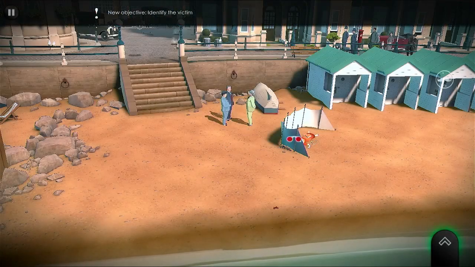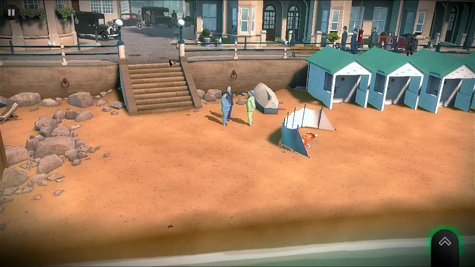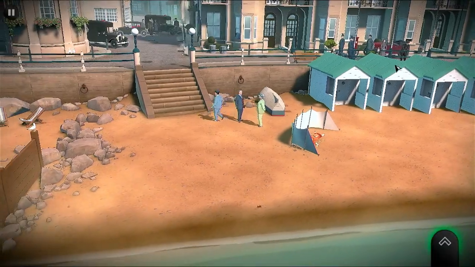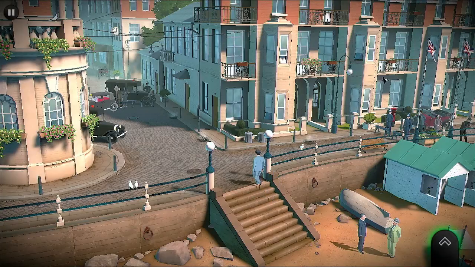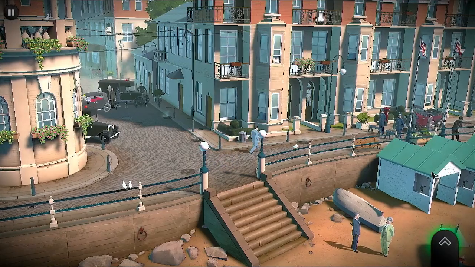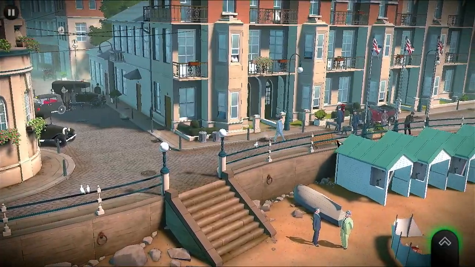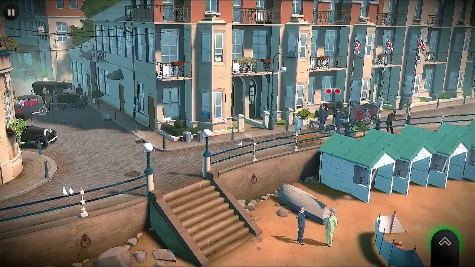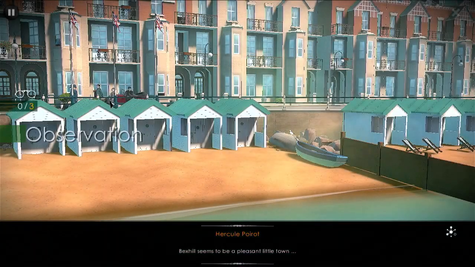Okay. We need to identify that. Let's go back up here and see if we can have a little look at some things. See what's that up there. Bexhill seems to be a pleasant little town.